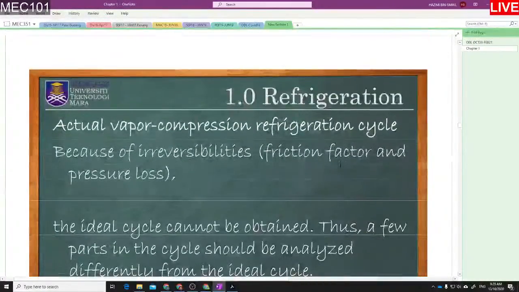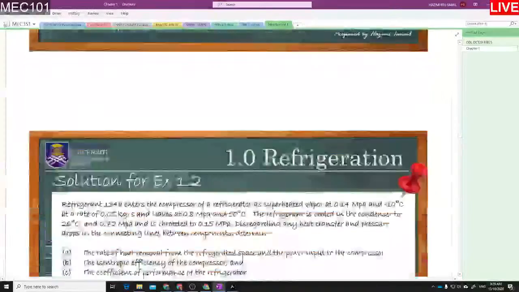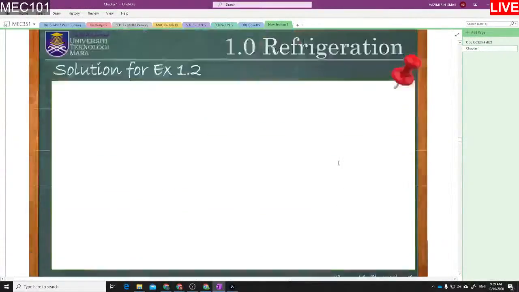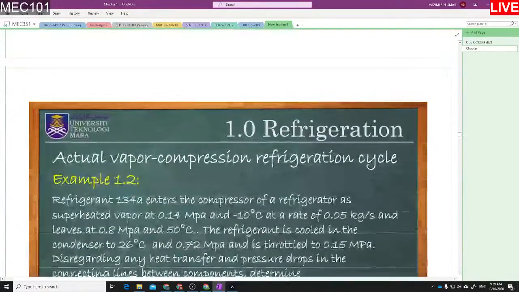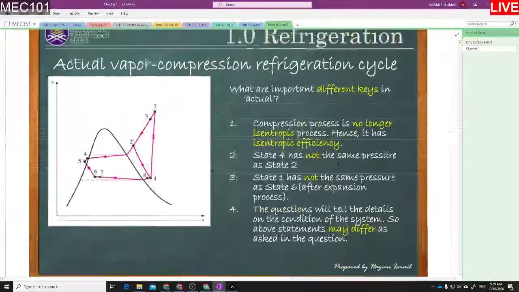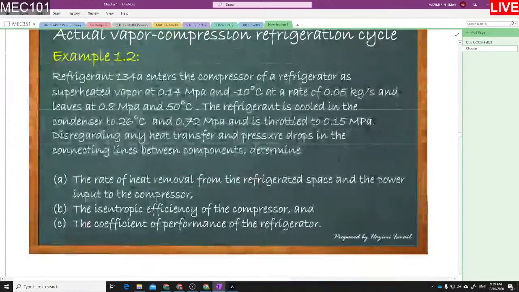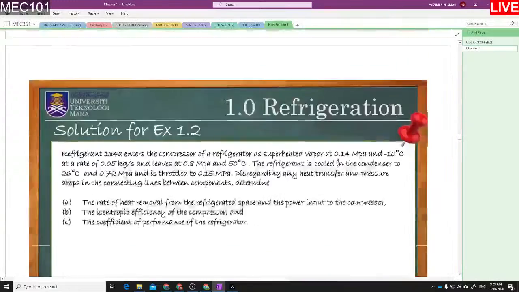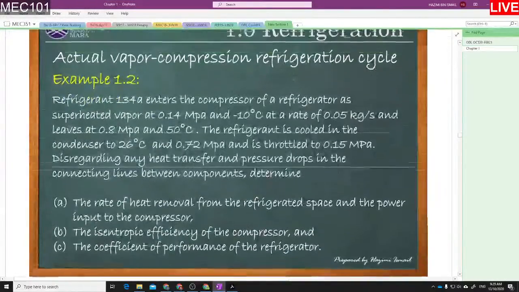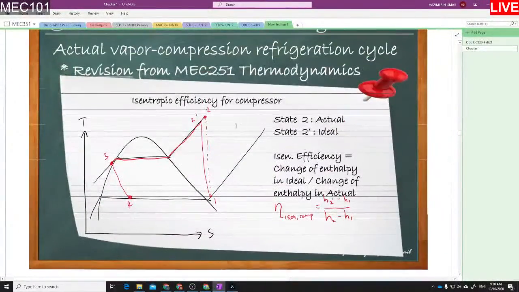In our next class, saya akan tunjuk macam mana nak kira actual vapor compression if we have the efficiency of the compressor.